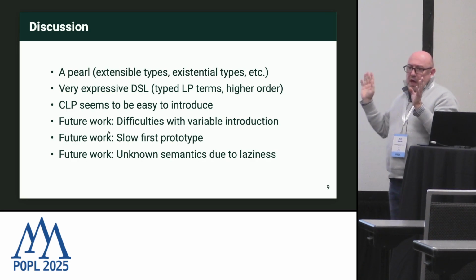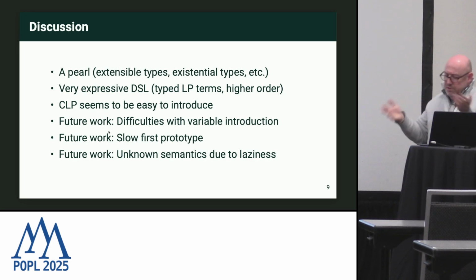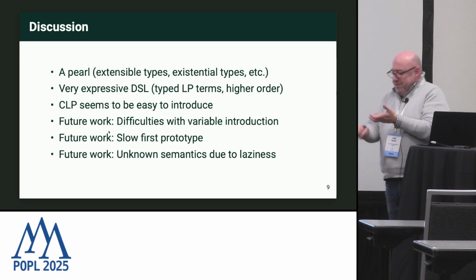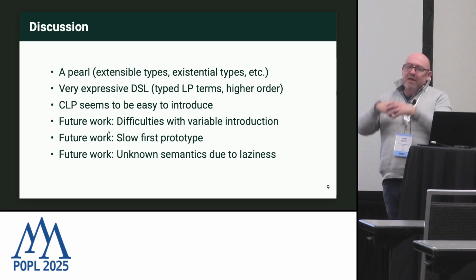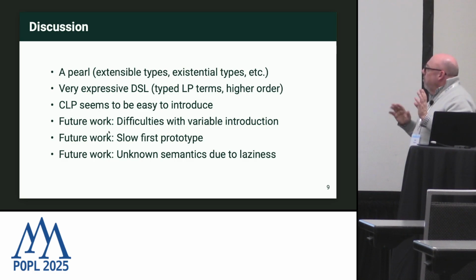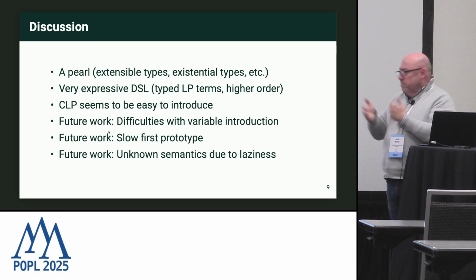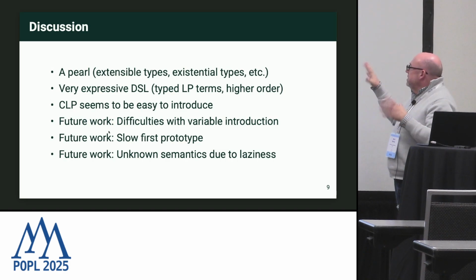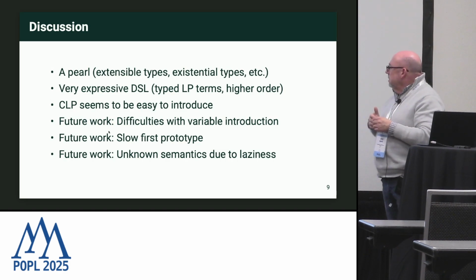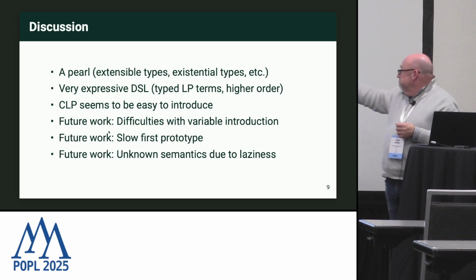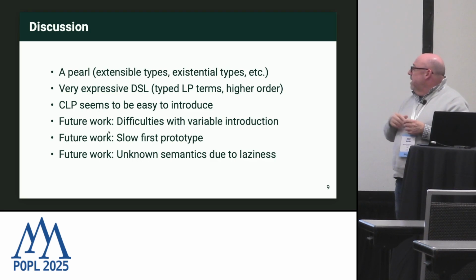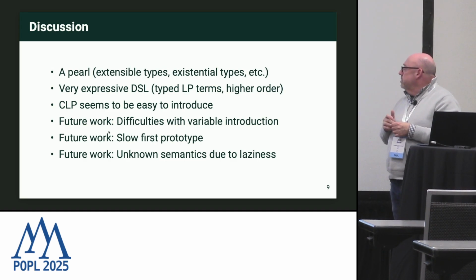And the prototype is quite slow, as you can imagine, because there's no abstract machine executing this code, it's basically an interpreter, right? Of course, you can improve that with partial evaluators and so on, but this is in a very early stage.